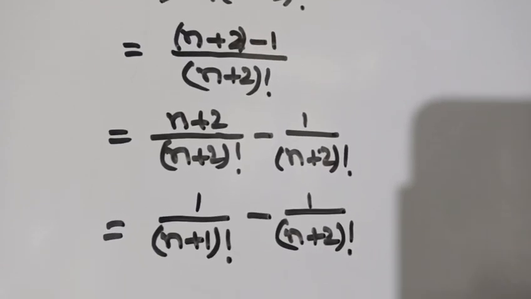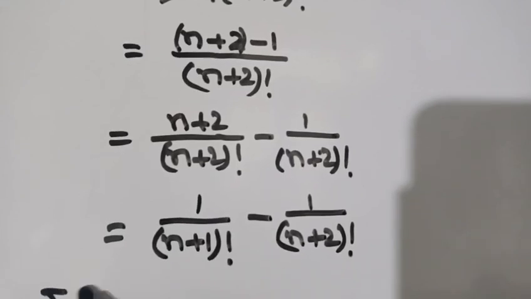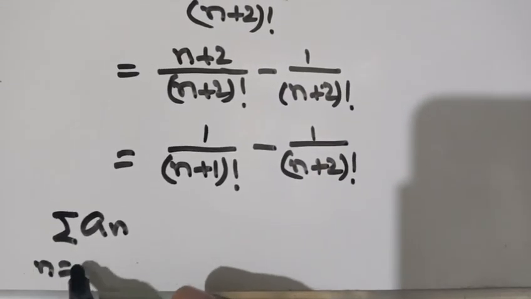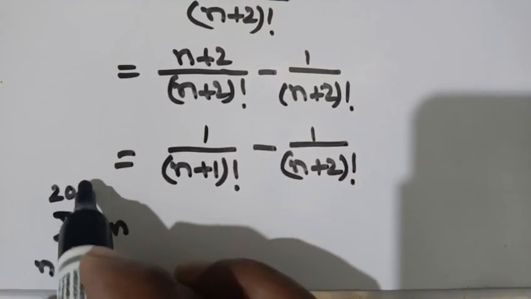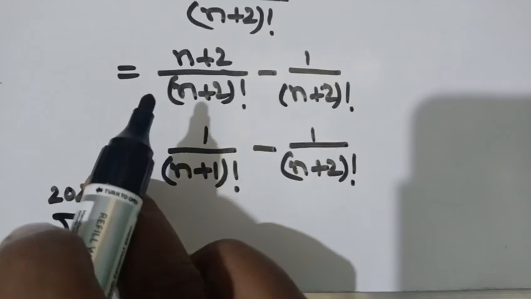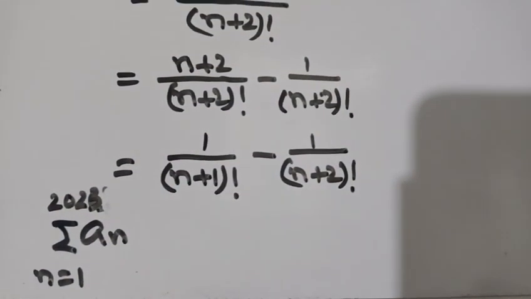So now using this nth term, I can get the sum, the required sum. It is very easy to get it. How? Just I can take the sum for this nth term an, and n should be varied from 1 to 2023. So then I get the answer for this. So okay.